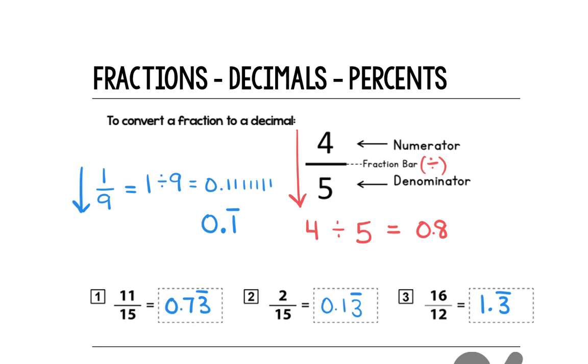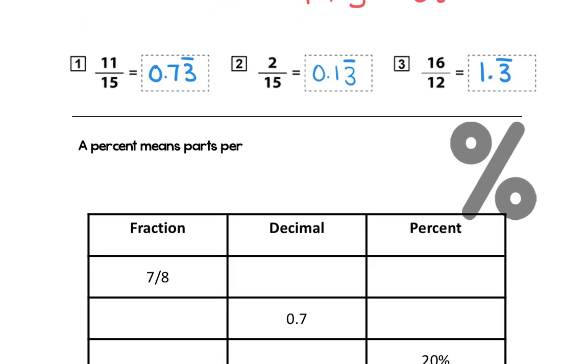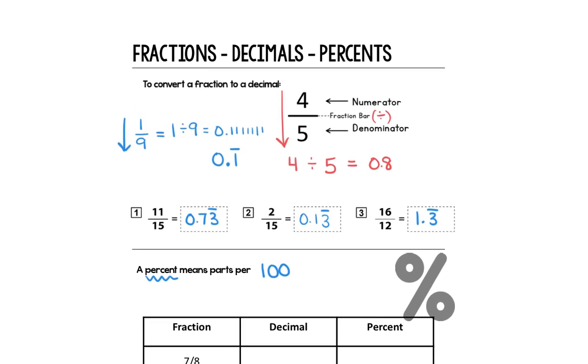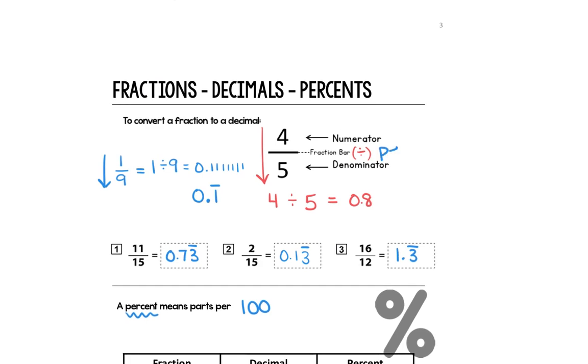Moving on to percents. A percent, right here, means how many parts per 100. When we talk about a fraction, we can also think about that fraction bar as per.